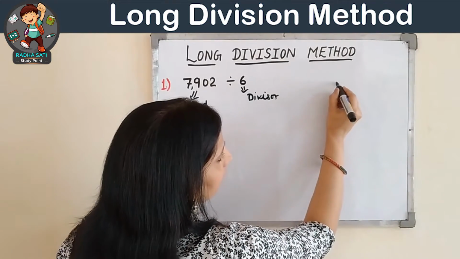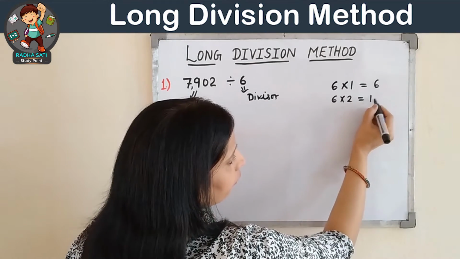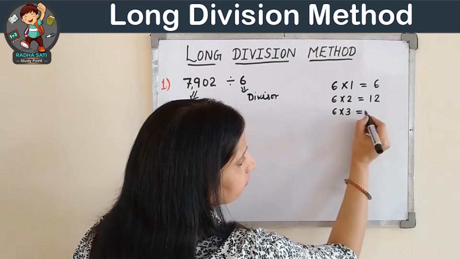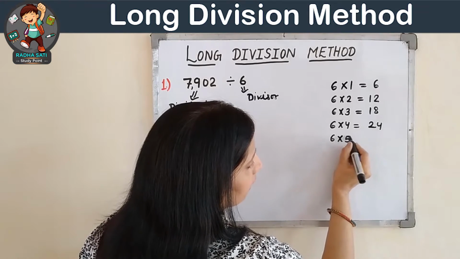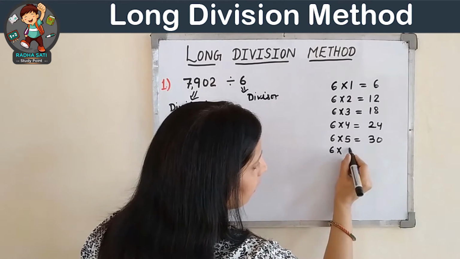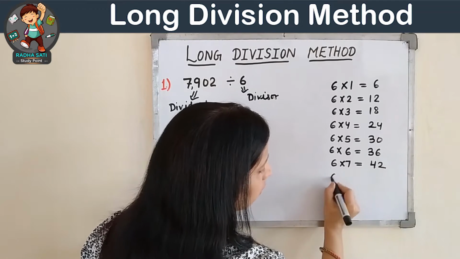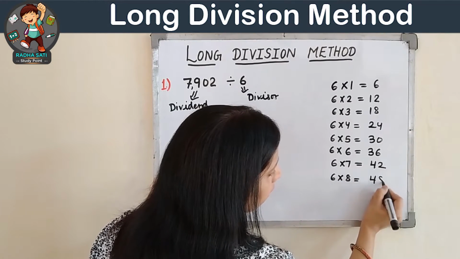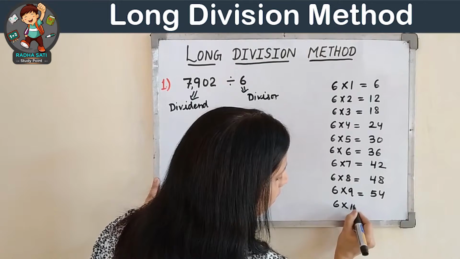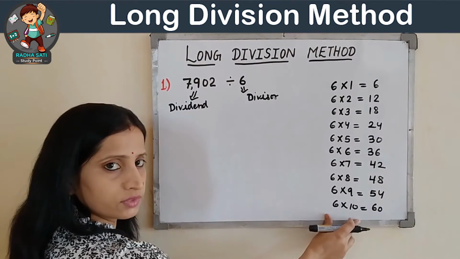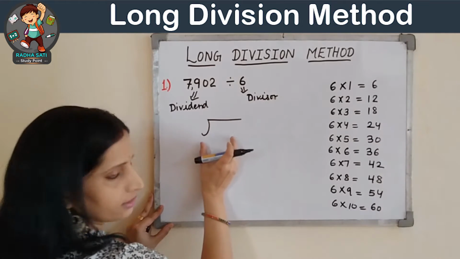So for our convenience, I am writing the table of 6 here. 6 1 ja 6, 6 2 ja 12, 6 3 ja 18, 6 4 ja 24, 6 5 ja 30, 6 6 ja 36, 6 7 ja 42, 6 8 ja 48, 6 9 ja 54 and 6 10 ja 60.